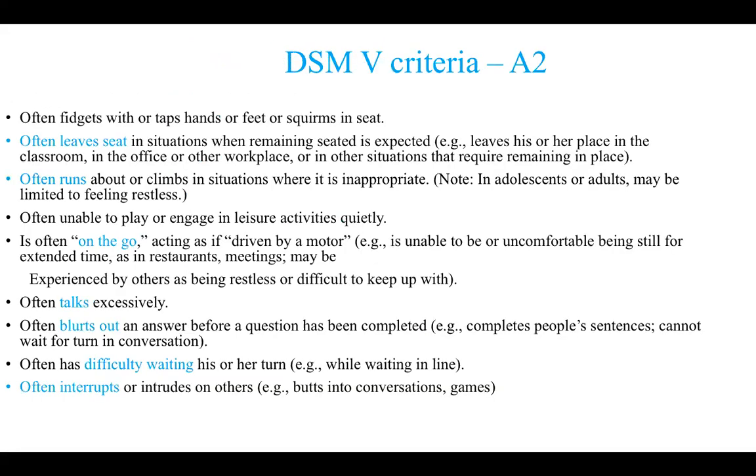Now A2, the child often fidgets, leaves the seat perennially in the classroom, is running around, jumping, always on the go, not able to play or get engaged in leisure activities quietly.